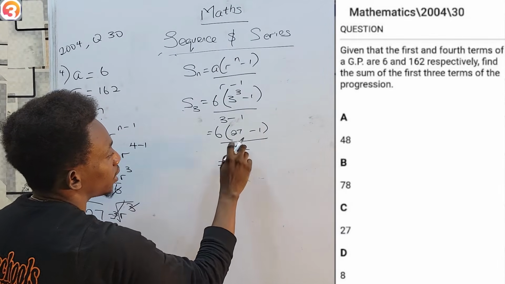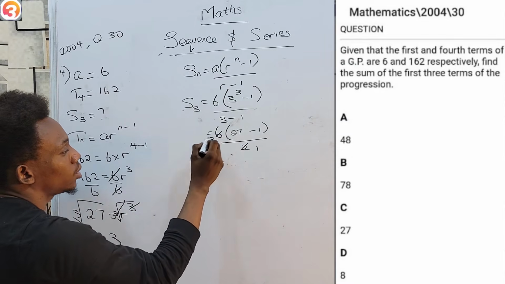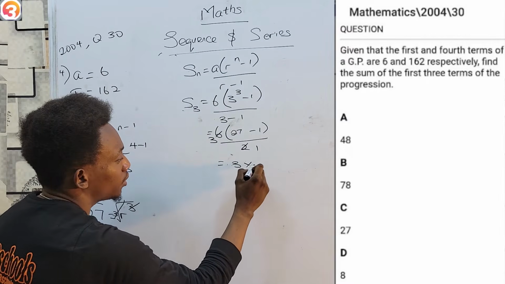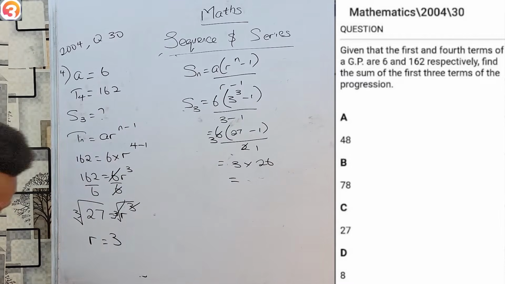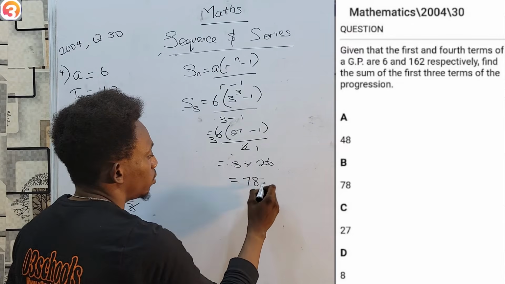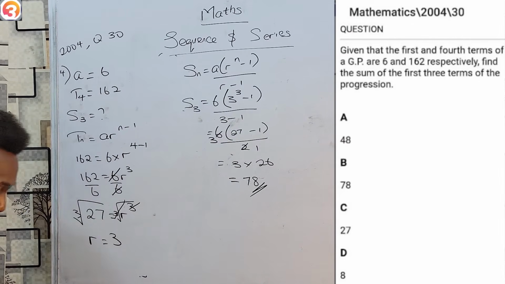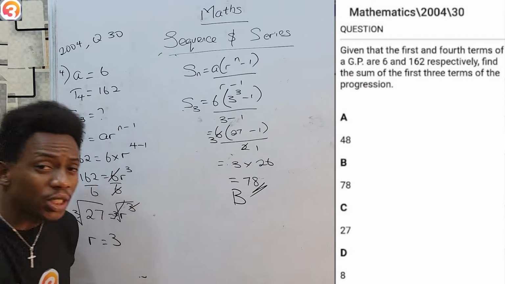That becomes 6 times, actually 6 doesn't have to multiply. 2 here, 1 into 6 is 3. I shall be having 3 times 26. And using my calculator quickly, 3 times 26 is 78. And so going back to my O3 Schools JAMB app, I can see that yes, this is option B.